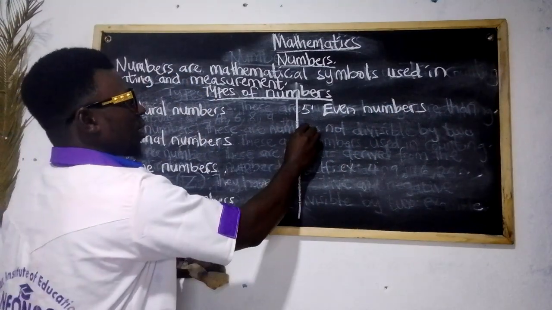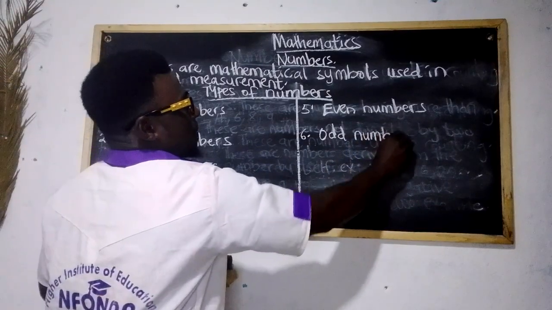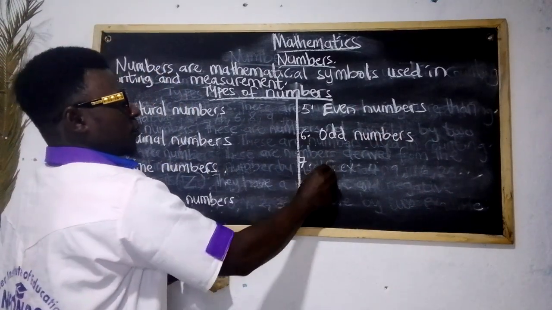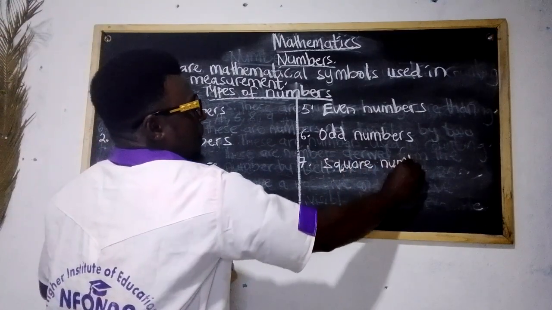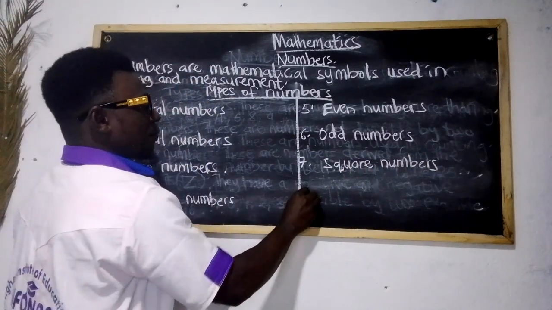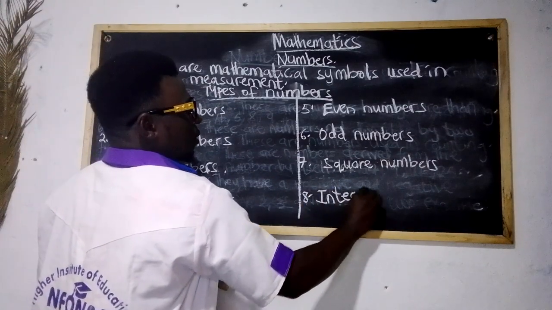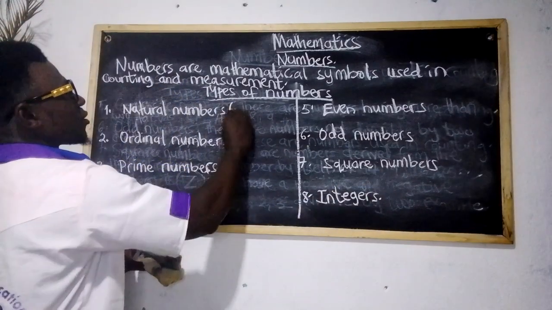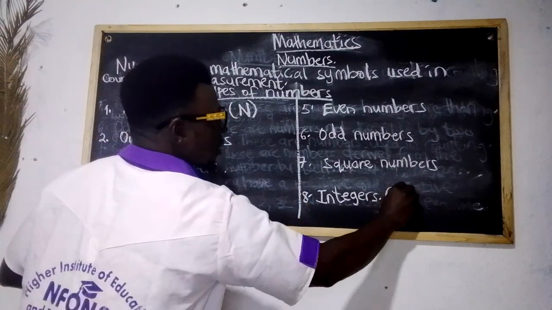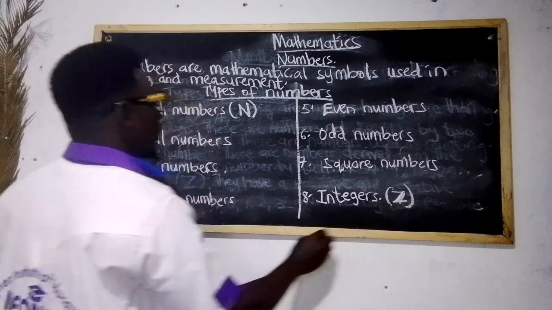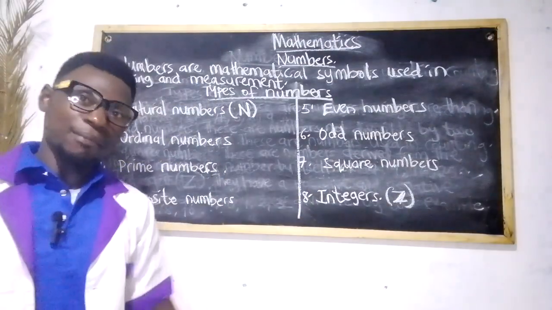The 6th type of number that we have, odd numbers. 7, we have square numbers. And the 8th type of number that we are going to see is what we call integers. So, natural numbers have the symbol denoted as N, integers denoted as Z. These are the 8 main types of numbers that we are going to examine.